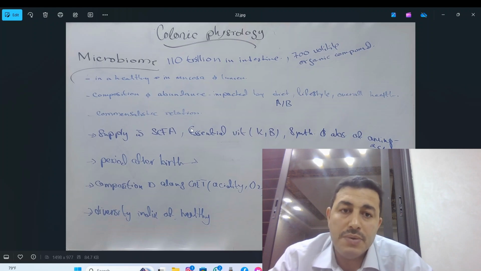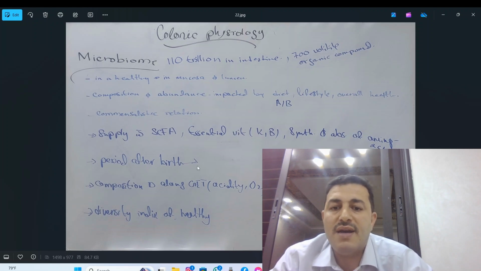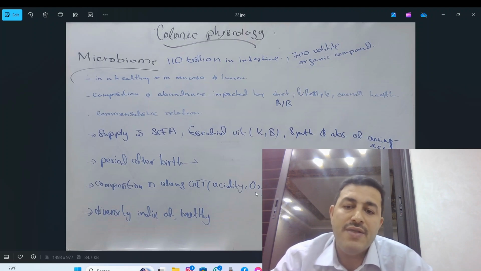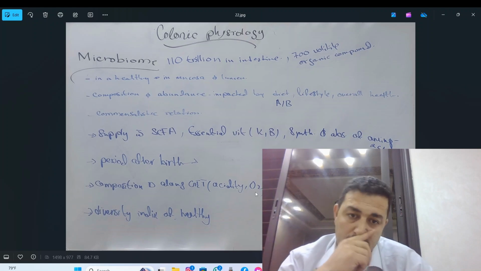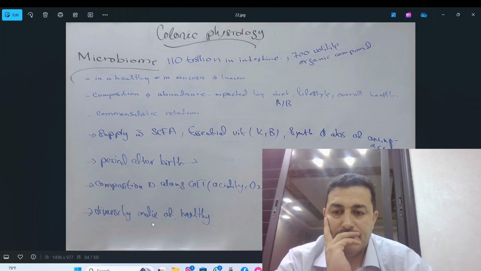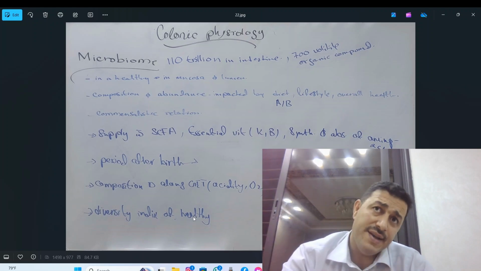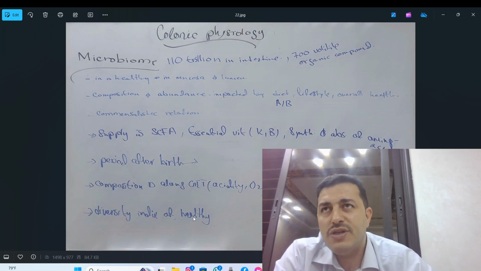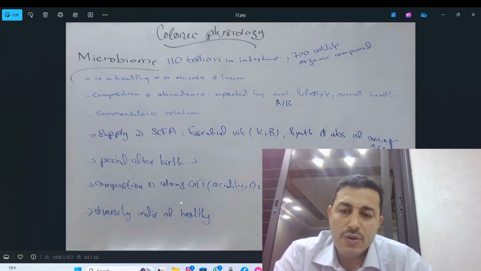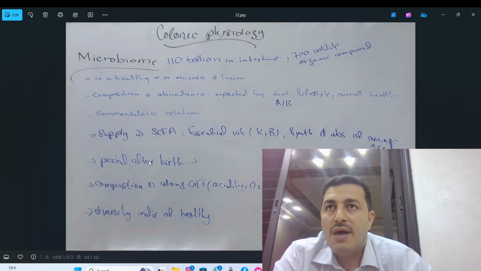Also, as we said, composition depends on diet, lifestyle, and also on the acidity and the oxygen along the GI tract. Diversity is an index of a healthy patient. This is not 100% correct, because some healthy food can decrease the diversity of the bacteria present.